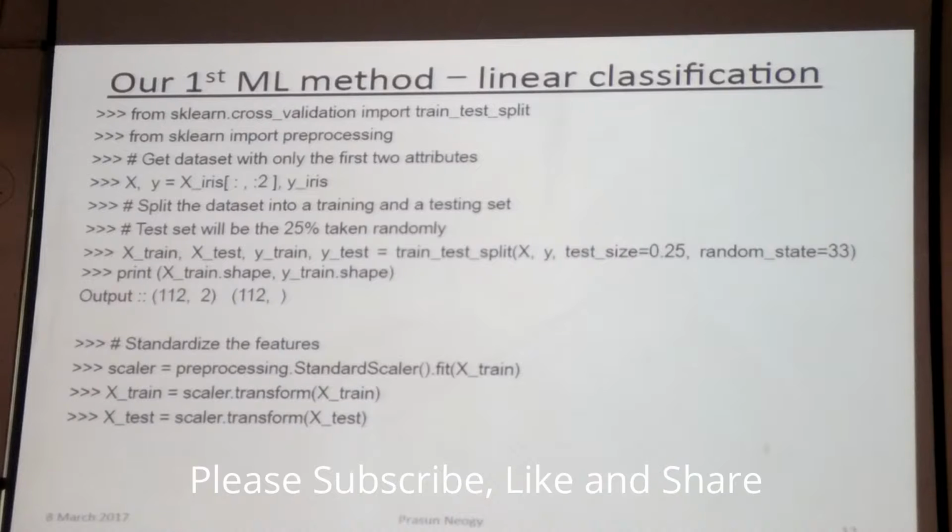ঠিক আছে, ওই স্টেটমেন্টটার মানে তাই। And then split the data, 25% taken randomly. Another feature of Python I forgot to mention, I can have multiple variables assigned in one statement.